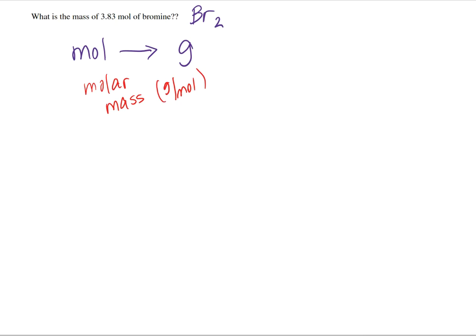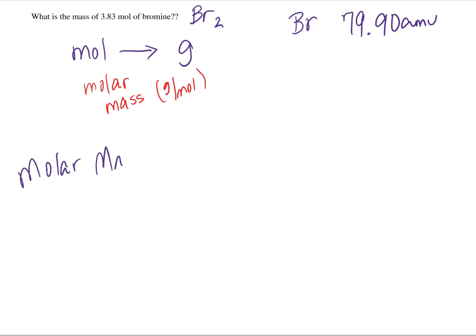When you look at your periodic table, bromine, which is atomic number 35, has an average atomic mass of 79.90. That is the atomic mass for each bromine. But to calculate the molar mass, we have to account for the fact that there are 2 bromine present. And so we'll have to multiply that by 2.